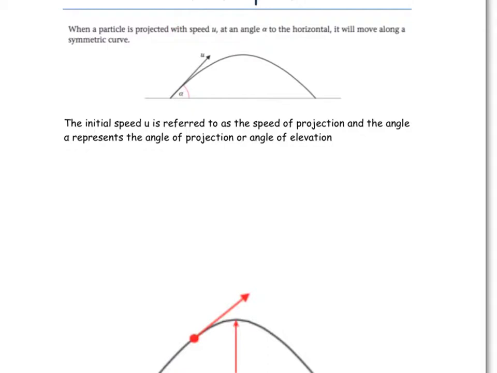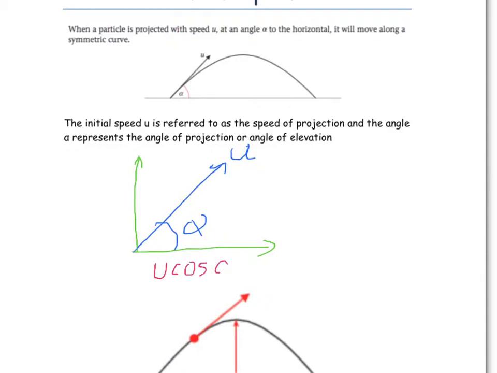So we've got our vertical direction, we've got our horizontal direction, and we've got our speed in the middle being projected at u and at an angle of alpha. Now the component of that speed that is acting in the horizontal direction is going to be calculated by doing u cos alpha.